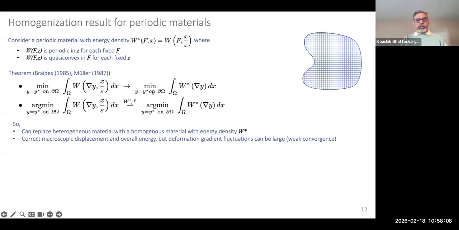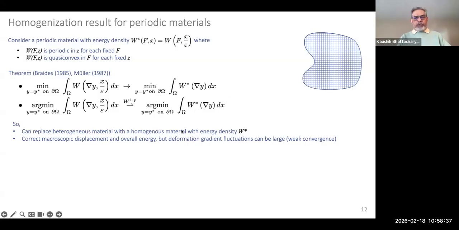And you can show that there is such a W star. Not only that, you want the solution of this problem to converge to the solution of the effective problem. And this is a notion called gamma convergence. It's a notion of convergence of solutions. I won't spend too much time on this because I want to focus on the physics of what is happening here.